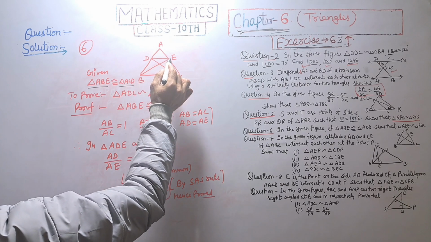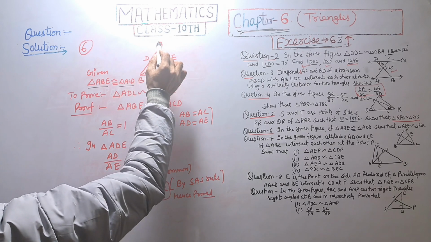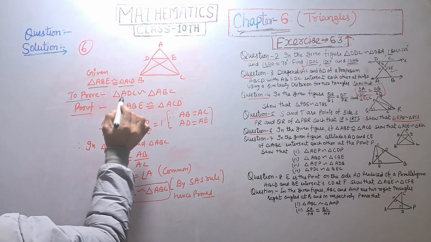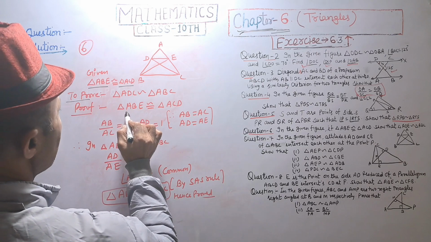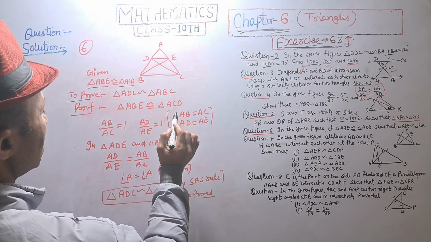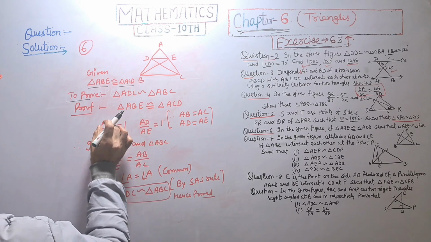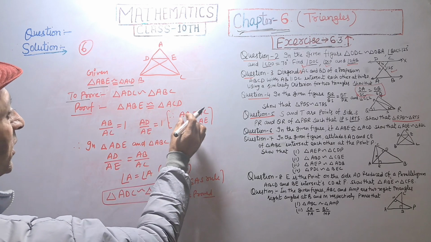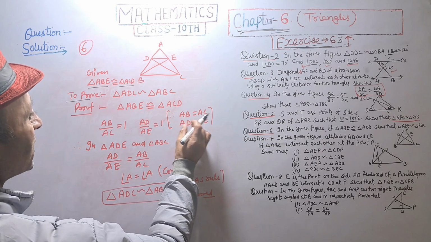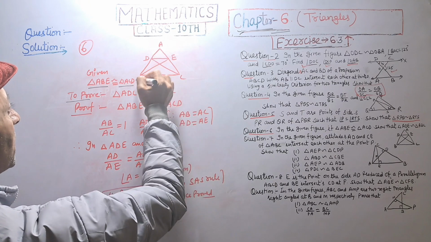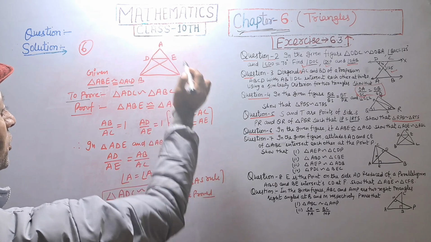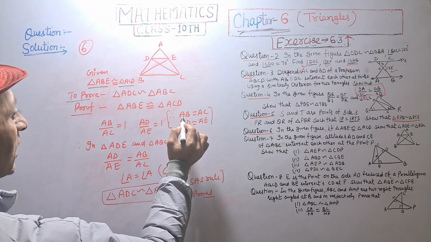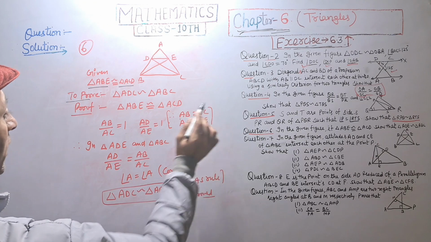To prove: in triangle ABE congruent to triangle ACD, AB is equal to AC and AD is equal to AE. If triangle ABE is congruent to triangle ACD, then AB is equal to AC and AD is equal to AE.